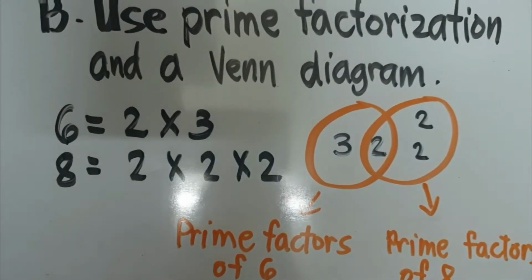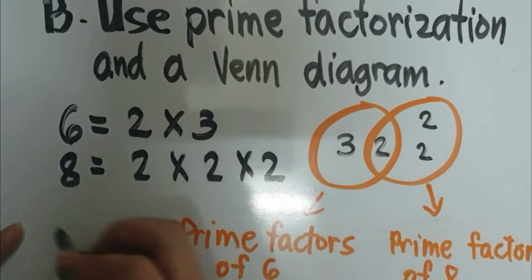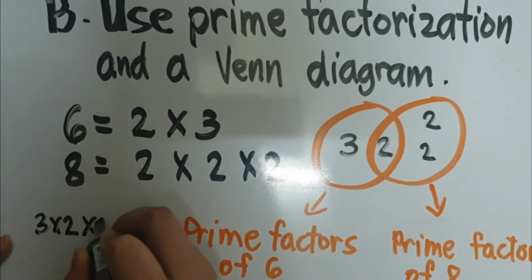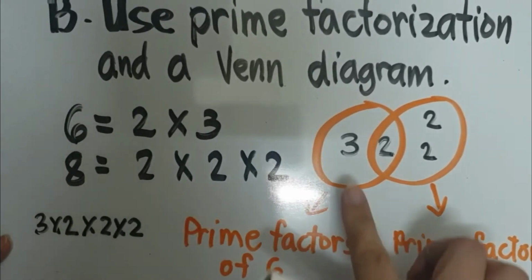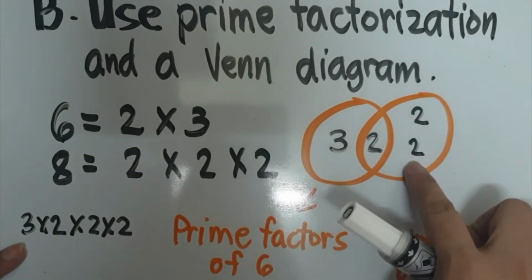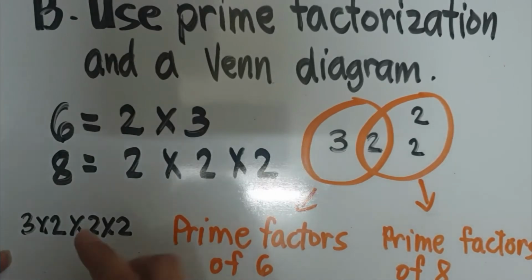And then we will just get all these factors and multiply them. So we have 3 times 2 times 2 times 2, and that will give us 3 times 2 is 6, times 2 is 12, times 2 is 24.